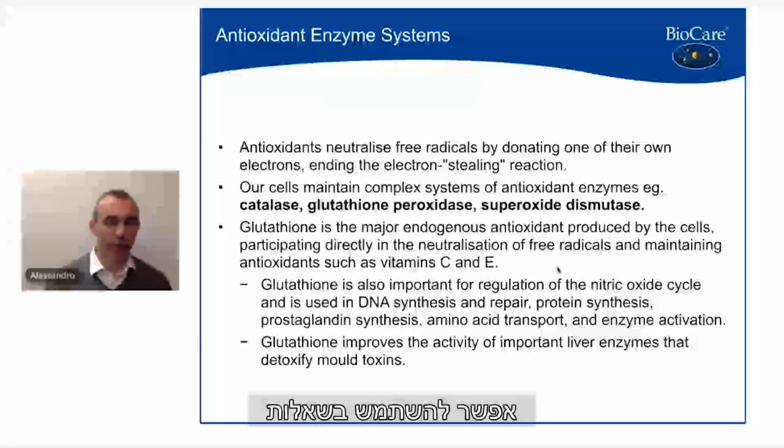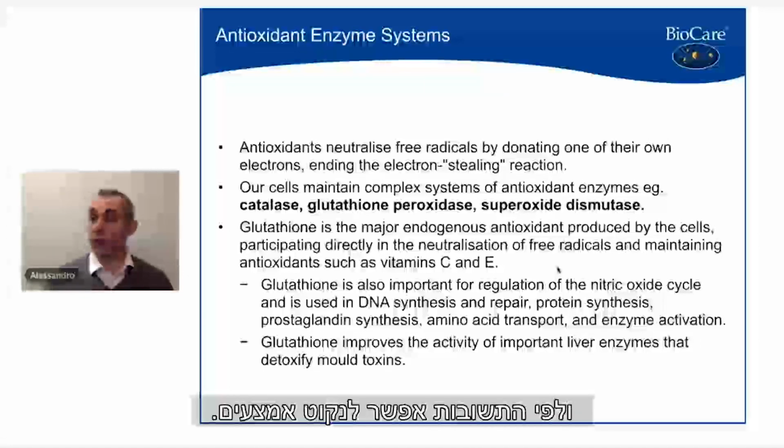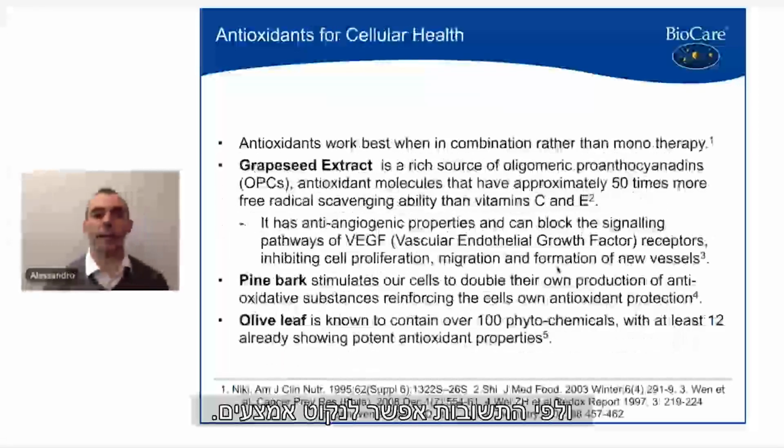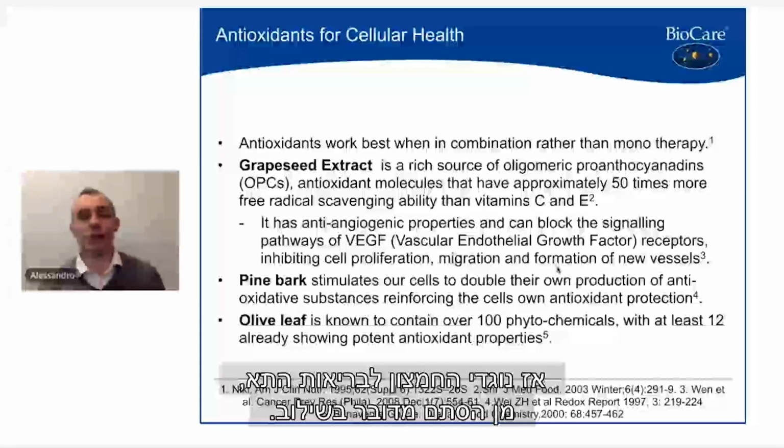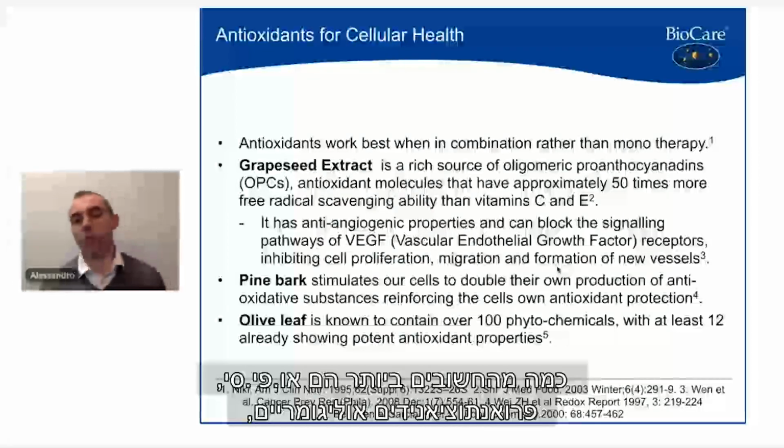So you can source the questions and, based on the answer, you may want to take actions on that. So the antioxidants for cellular health obviously is a combination of. Some of the most important ones will be OPCs, or oligomeric proanthocyanidins.